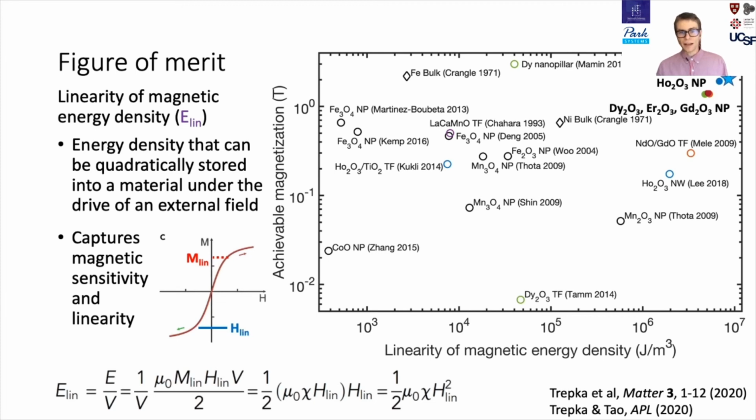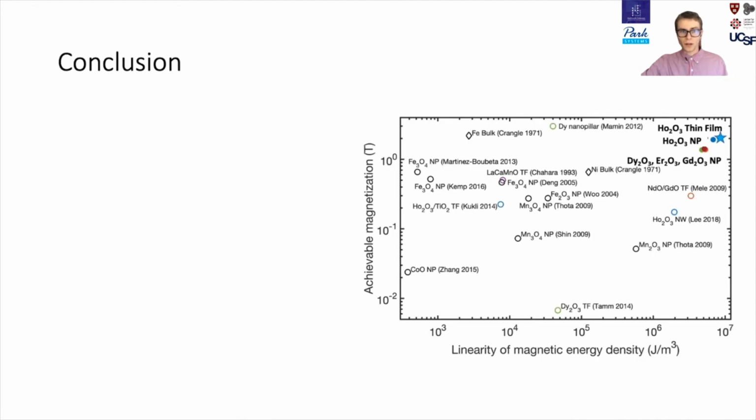And we indeed find that these commercial nanoparticles, as well as this novel holmium oxide thin film that our group has created, all appear in the top right, having higher linearity of magnetic energy density than any other recorded material so far, and competitive saturation magnetization, or achievable magnetization, with extremely good ferromagnetic materials such as bulk iron or dysprosium nanopillars.